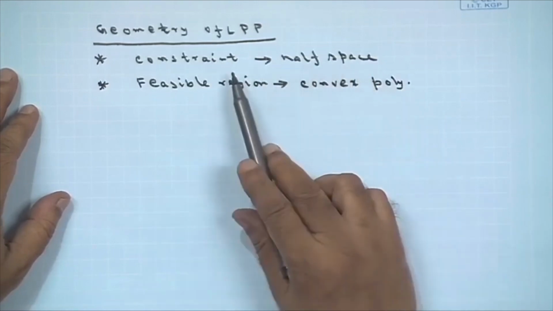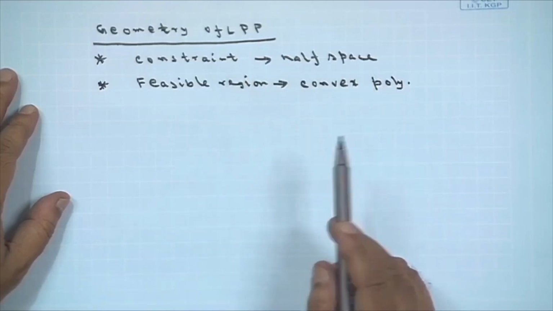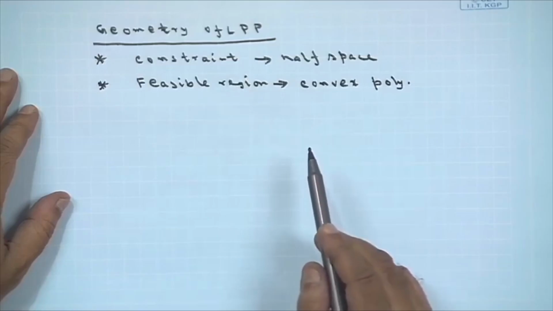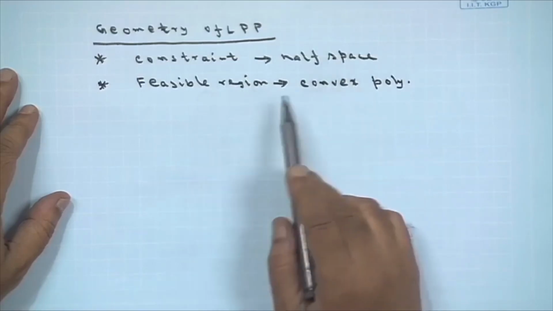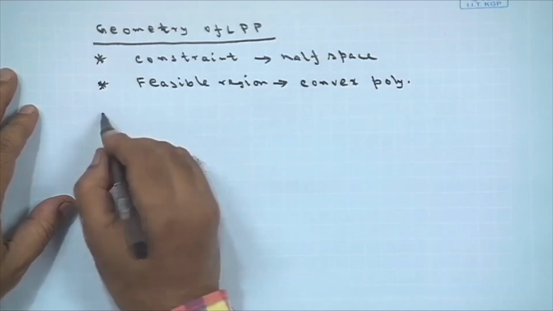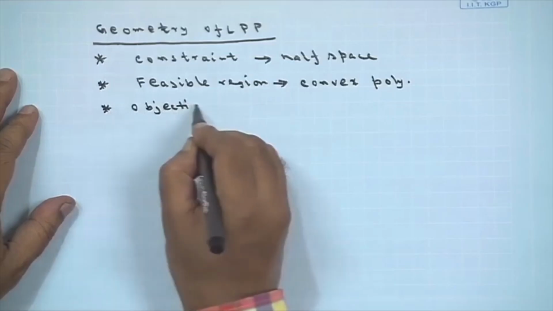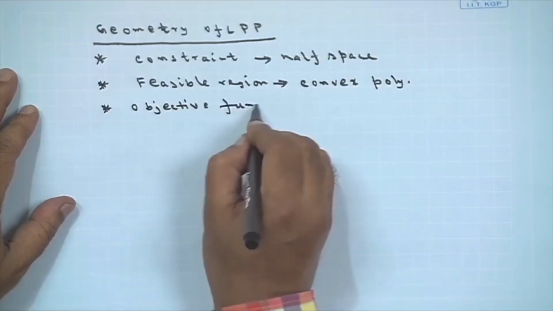Your half spaces are nothing but the constraints. The feasible region is the region bounded by these constraints, and it is a convex polyhedron. And the last one is the objective function.